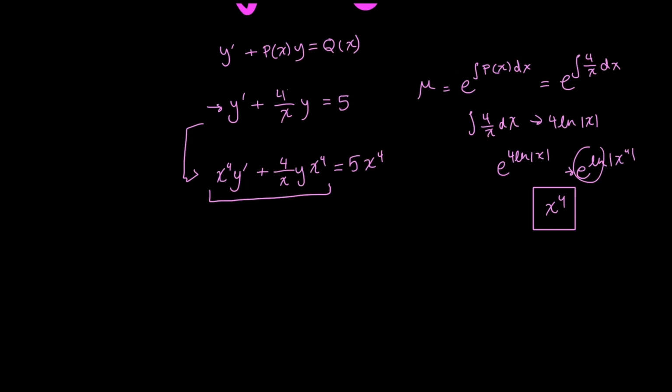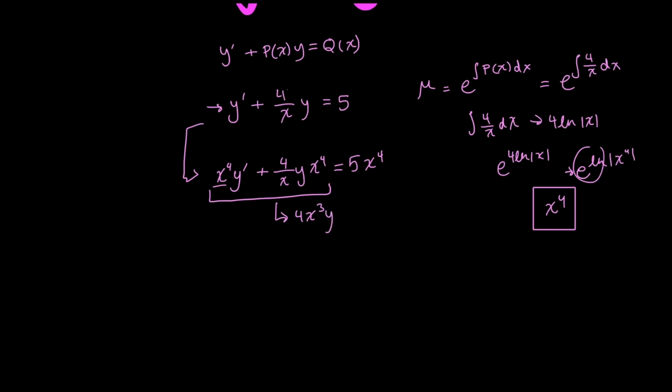If you could notice, we have x to the power of 4 multiplied by the derivative y prime. And then on the other side, I have the derivative of x to the power of 4, which is 4 times x cubed, because if I divide that x with that x to the power of 4, this is equal to 4x cubed times y, right?